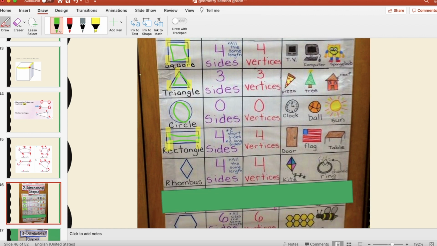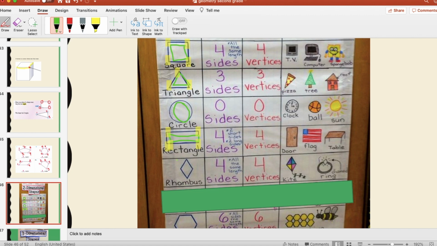A rhombus is part of the quadrilateral family because it has 4 sides. It kind of looks like a square, but it's not. Or it also kind of looks like a diamond too. It looks like a tilted square, like tilted to the side a little bit.